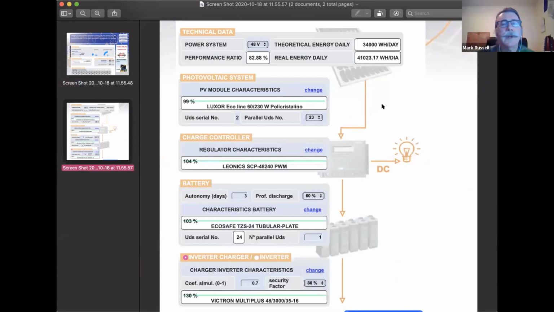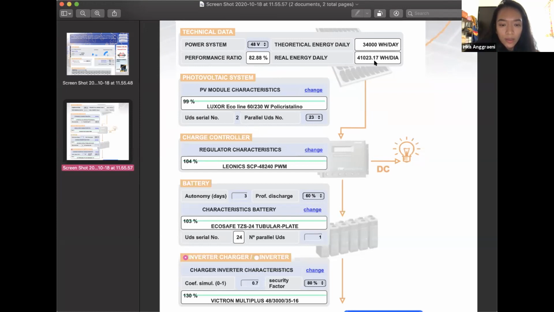Okay. So the top portion is the actual panel itself, right? And the 48 volts is because it's the DC power, which has to run through an inverter. The performance ratio is actually really good. I was estimating usually about 75%, so that's showing a good amount. And so you're actually getting about 41 kilowatt hours per day.